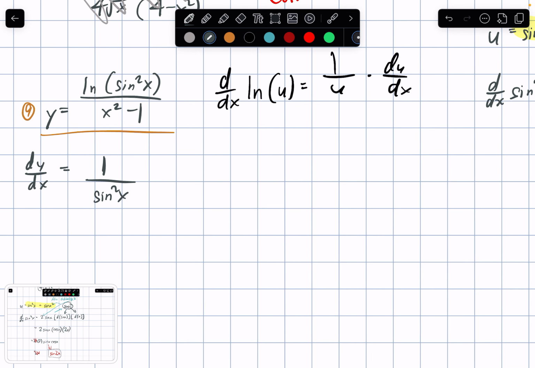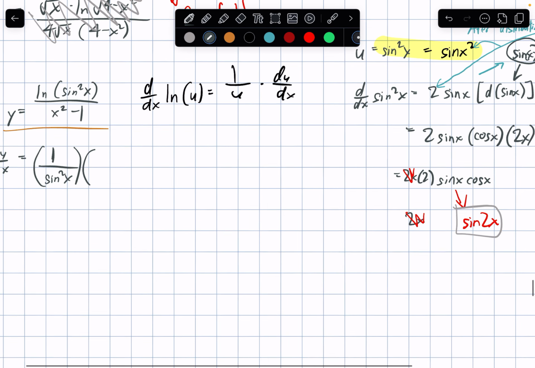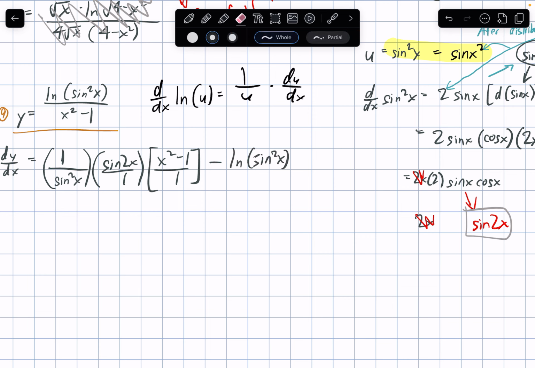Okay, next, times d over dx, that's the sine 2x, and then multiplied by the denominator minus, just copy the numerator, and then the derivative of the denominator is 2x simply. Divided by that one.